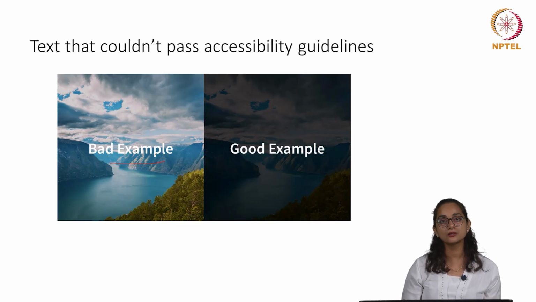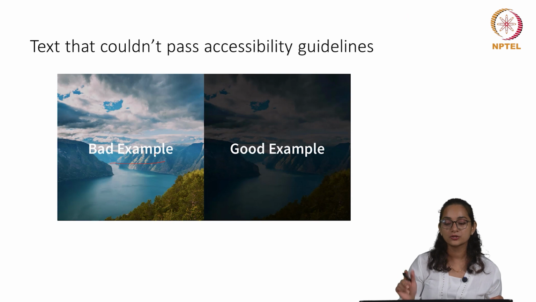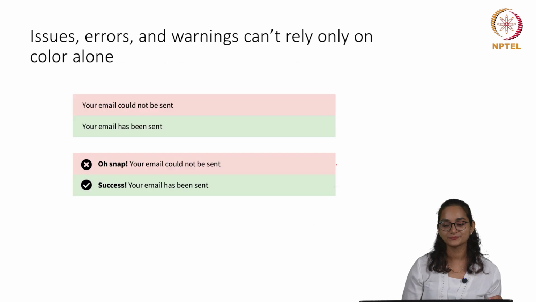Or the opacity of the image changes, and then the text appears. So, you are still showing the beautiful image that you want to show. You're not taking away from the aesthetic quality of your website, but you are also keeping in mind the accessibility guidelines, and thus you are not putting text which is unreadable. So, make sure that you think of these aspects as well.